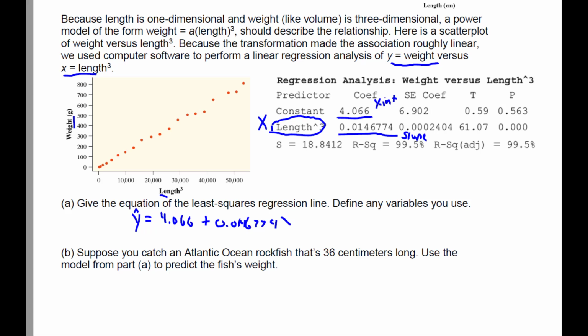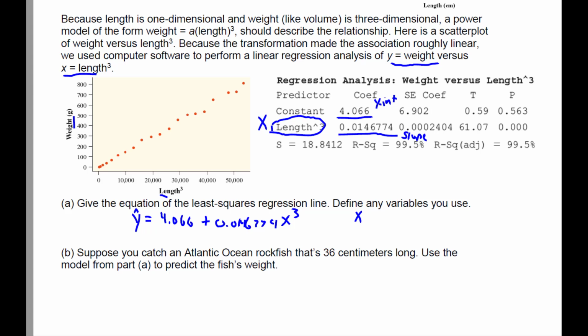And then we have our x. Now the only other trick to this one is that x is your length cubed. So since x is representing our length, I'm going to make sure we put that as a cubed value. So our x is cubed.